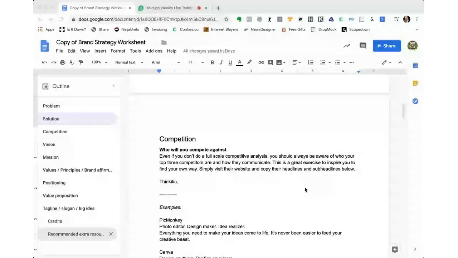And then once you understand how you're going to solve that problem, then you start to look at, how do I communicate that? And I'm going to look at what my competition is doing so I can figure out how to communicate that. If I create a brand new language to communicate, then I'm not going to be able to take people from what they know to what they don't know. Seven laws of learning: you take people from what they know to what they don't know. So I can't create a brand new language.